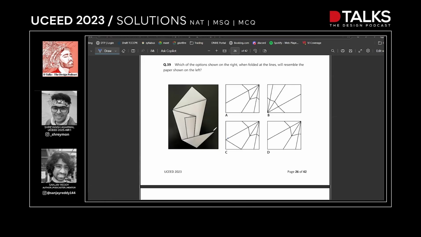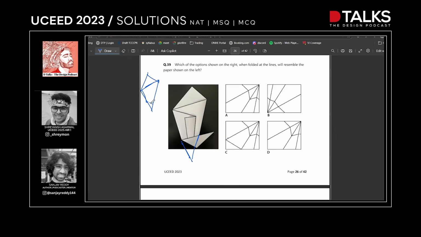Do you usually draw the unfolded version of this type of question? Yeah, I generally do. If I unfold this, it's going to be something like this. I go step by step. I unfolded the first part, so there's going to be a line like this, and I'll draw folded lines differently.